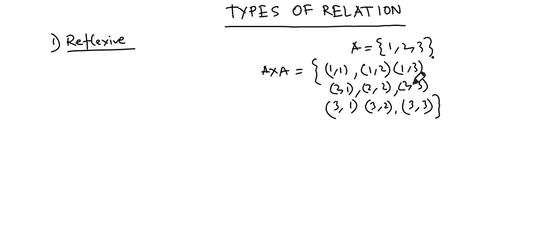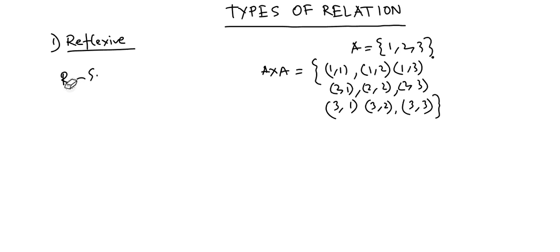So this is the set A cross A. It has 9 elements because A has 3 elements, so A cross A should have 9 elements.